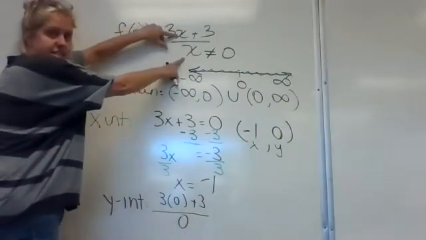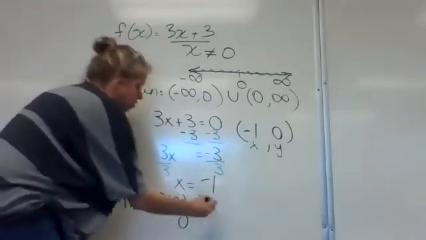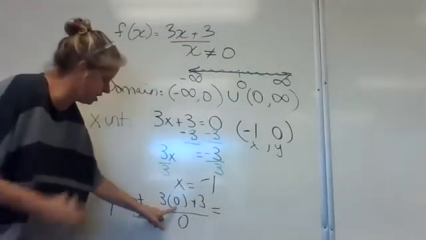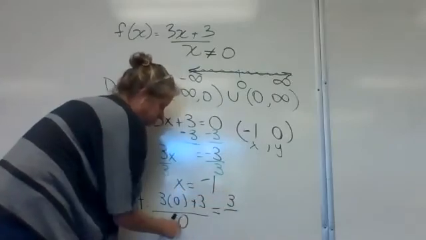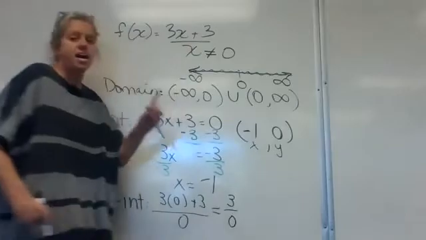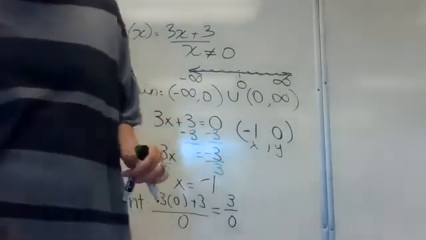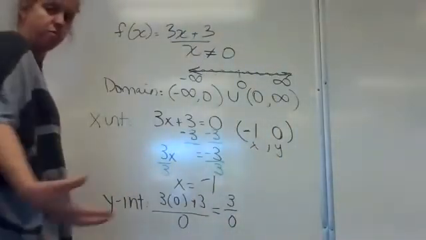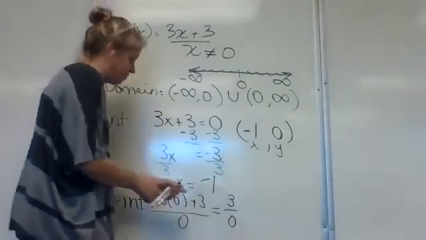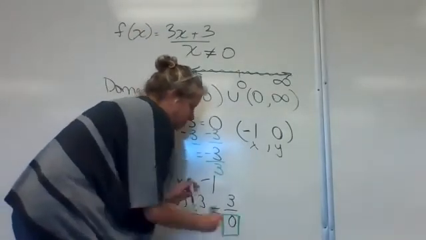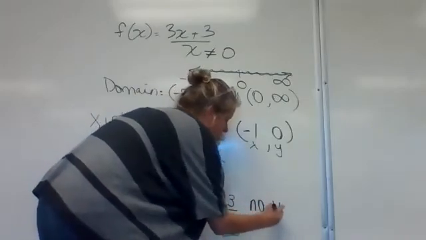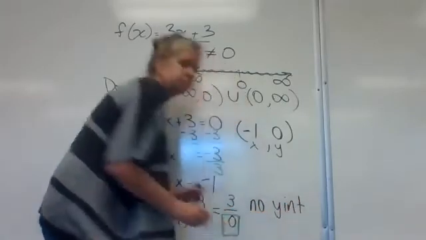So I replace the x's with zeros. What does that give me in the top? 3 times 0 is 0. Plus 3 is 3. 0 in the denominator. Here's what I want you to add to the y-intercept note. If, when you replace all those x's with 0, that turns your denominator into a 0, that means there is no y-intercept.